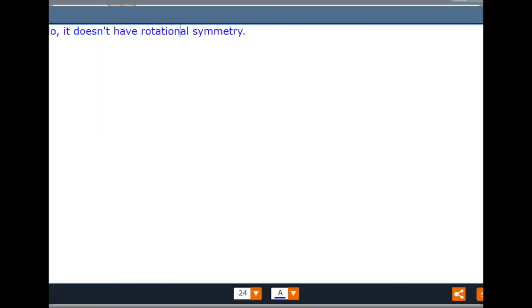Yes, it has rotational symmetry. And now check the order. You found that it's like a square, so the order of rotational symmetry is 4. Of course, I suggest you rotate the box also, so that you can find out the order of rotational symmetry.